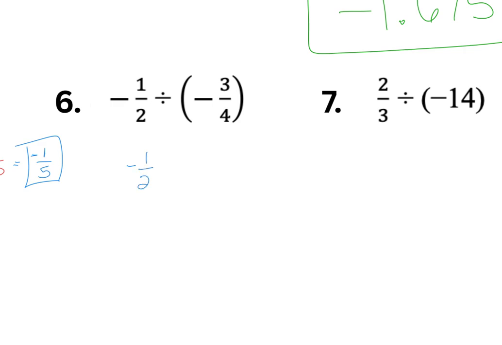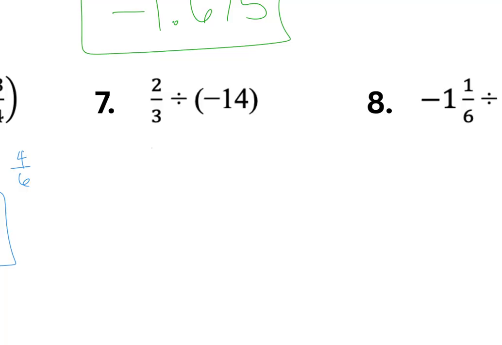Negative 1/2 times negative 4/3 is 4/6, also known as 2/3. 2/3 divided by negative 14/1. If it's been a minute since you've seen that, any whole number can be written as a fraction if you put it over 1.